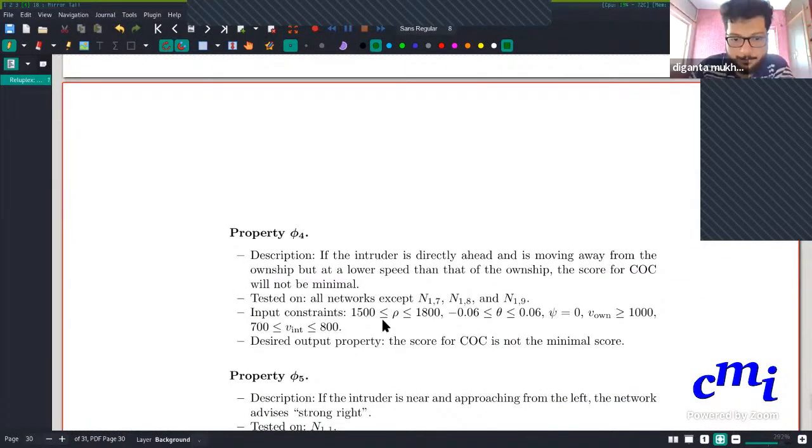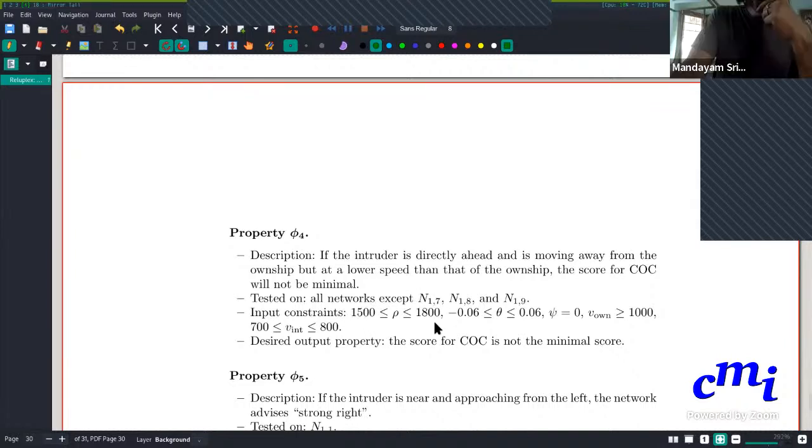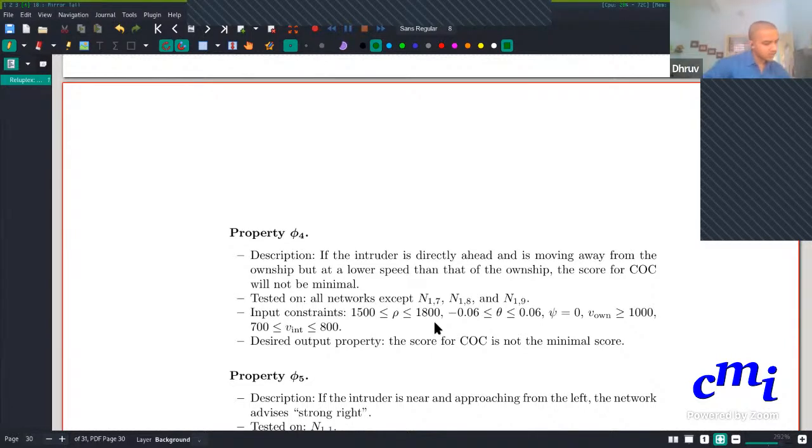Rho is between 1500 and 1800, but then there'll be some scaling which will convert this to some other actual values, and then normalize it. For example, the scaling might be divide by 1000, subtract 500. Then rho will be 0 to 0.3. Sorry, 0 to 0.3, not minus 0.3. You get the idea, right?